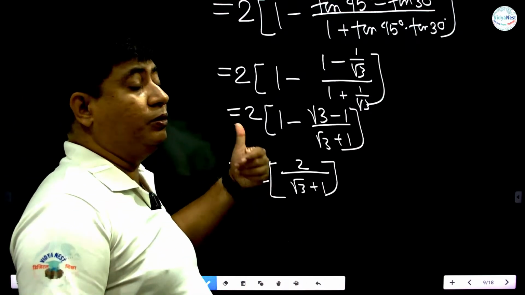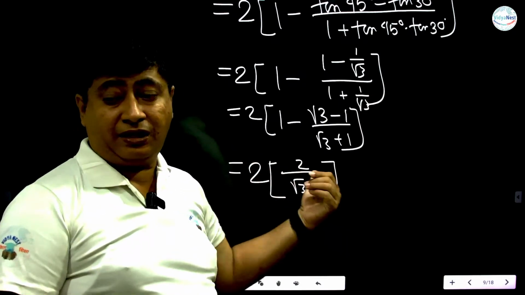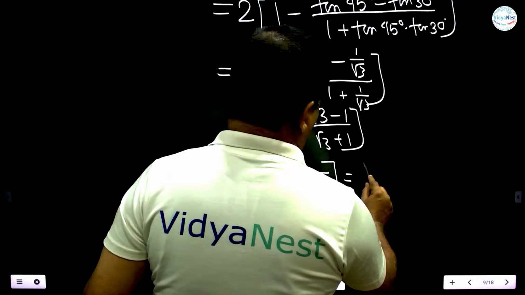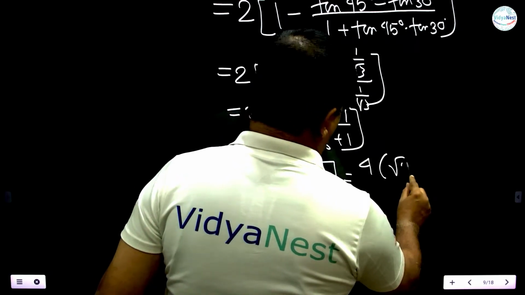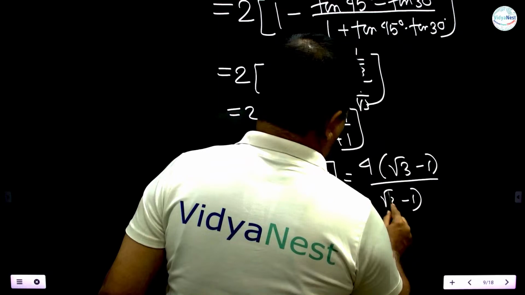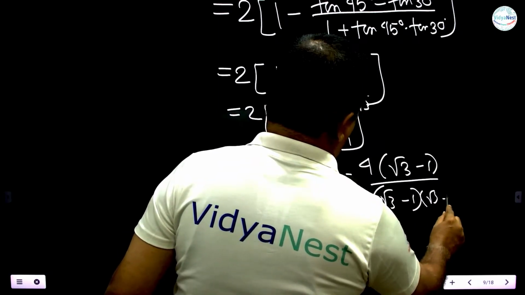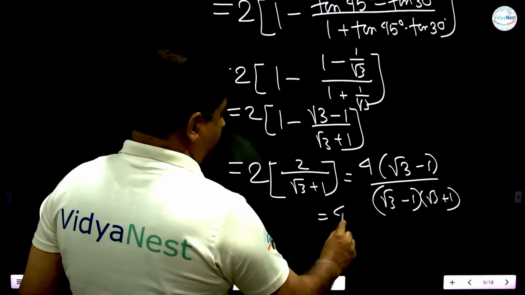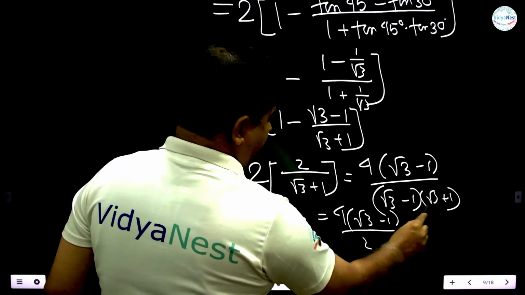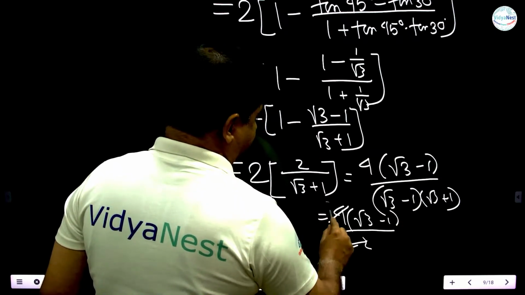Now you know better, you are taught the rational irrational concept in junior class in 9th, irrespective of any board. You multiply root 3 minus 1 in numerator and denominator. So that will give you 4 by 2. So cancel it.